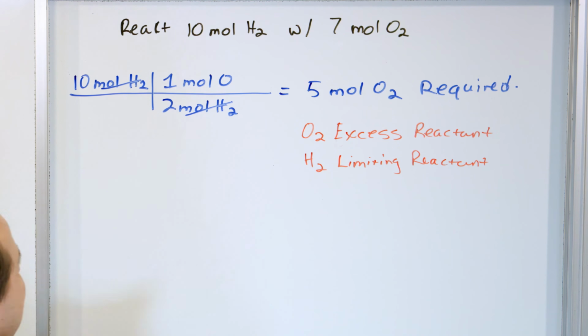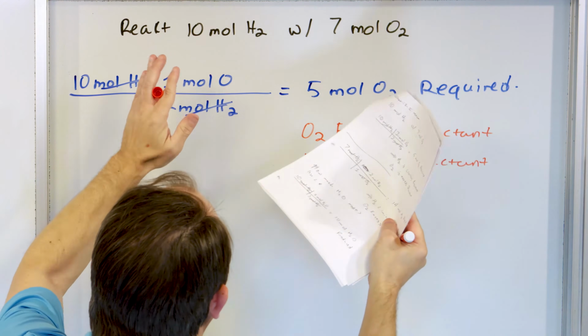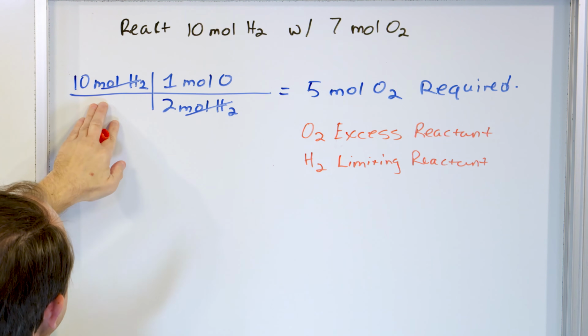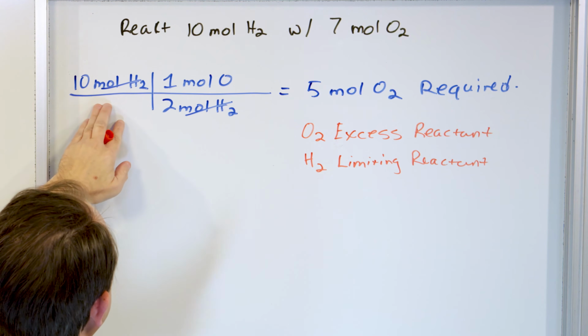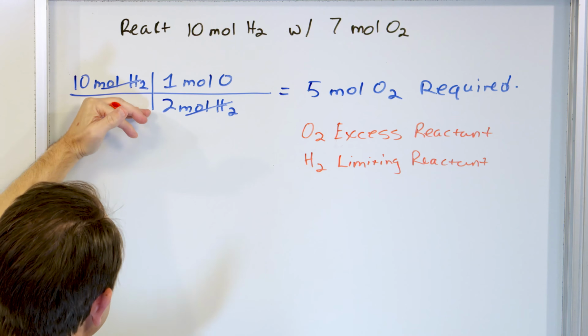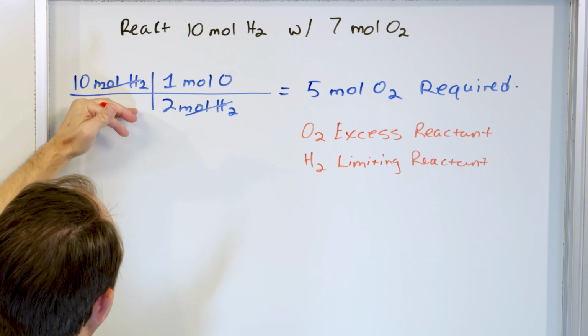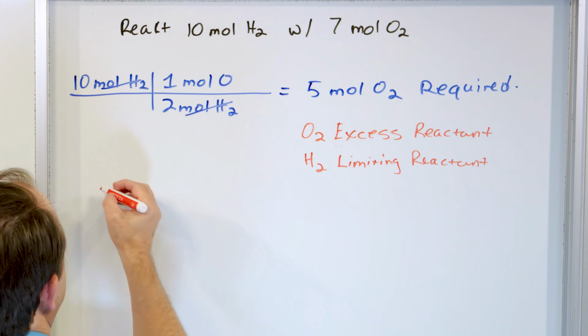Because limiting reactant, again, all it means is which of these two reactants is going to run out first. And because it requires 5 moles of oxygen to react with 10 moles of hydrogen, as soon as the 5 moles of oxygen is used up, I've definitely used up all the hydrogen there, and that's going to run out before the oxygen is going to run out, so the hydrogen has to be the limiting reactant.